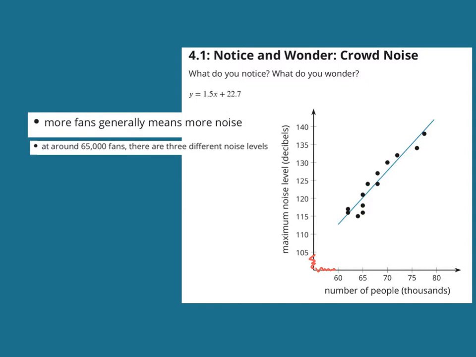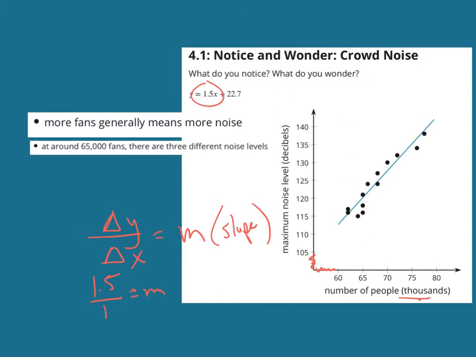The other thing I noticed is that the slope is 1.5. So that means we have our change in rise over change in run. That's our slope. For each additional x value, but remember that's 1,000, so for every additional 1,000 people, because this is 1.5 over 1 technically, that's my slope or my rate of change.